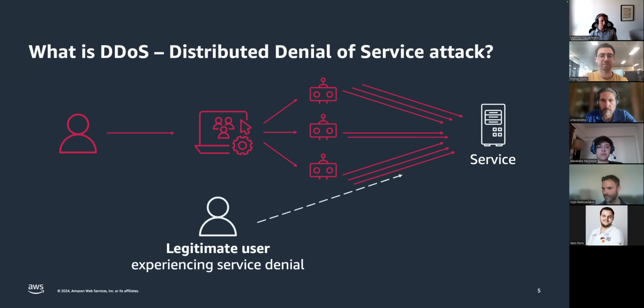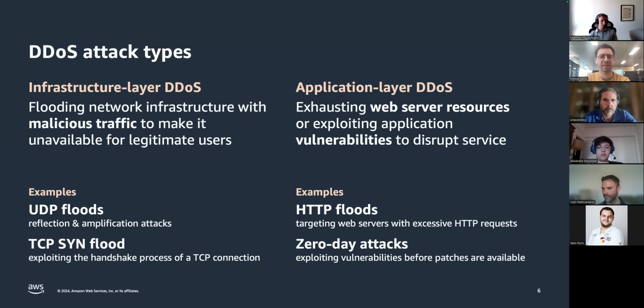Hence the name. And this slide now illustrates the two primary categories of DDoS attacks. Infrastructure layer attacks aim to overwhelm network infrastructure, making it inaccessible for legitimate users. Examples include amplification, reflection attacks, or exploitation of the TCP handshake process to tie up server resources.